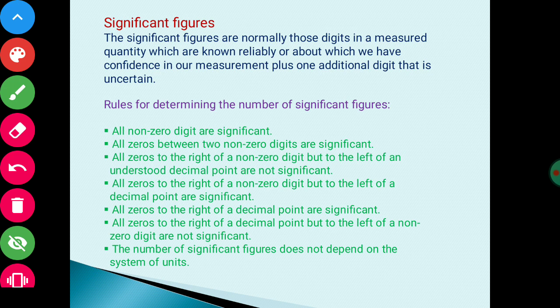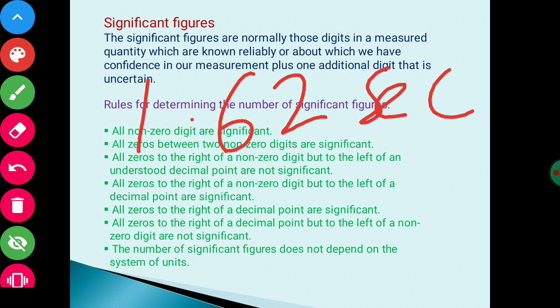For example, suppose the time period of a simple pendulum is 1.62 seconds. The digits 1 and 6 are reliable and certain, while the digit 2 is uncertain. So the time period has three significant figures, 1, 6 and 2.